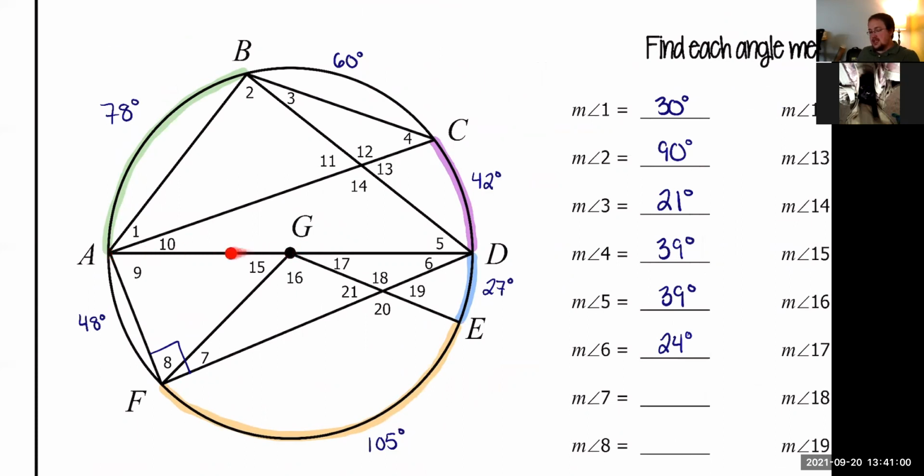What would you define AG as if G is the center? Half of the diameter. Yeah, there's a name for this. What do we call a piece that is, what was it? The radius. Well, here's another one for you. What's GF? Also a radius. If you're in a circle, regardless of which direction you go, what can we say about all the radii in a single circle?